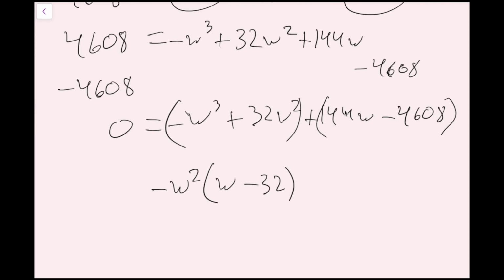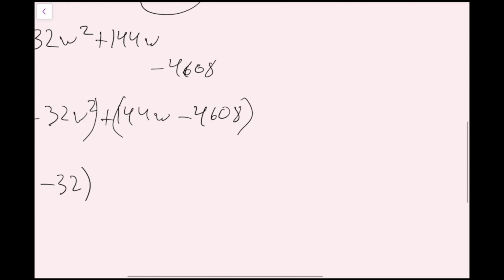All right, and then over here, the only way that this is going to work is if this factor, once I factor out my greatest common factor, also becomes W minus 32. So I'm going to check to see if 144 times 32 equals 4,608. If I do 144 times 32, I get 8, 8, 2.